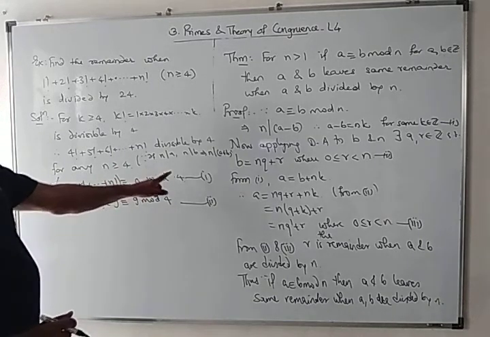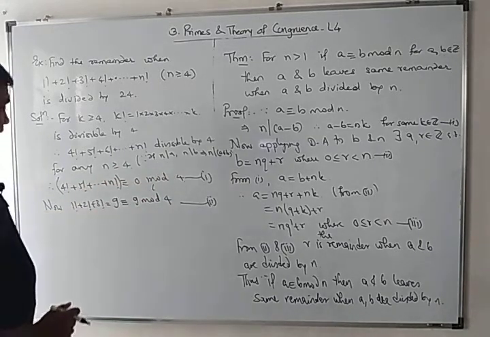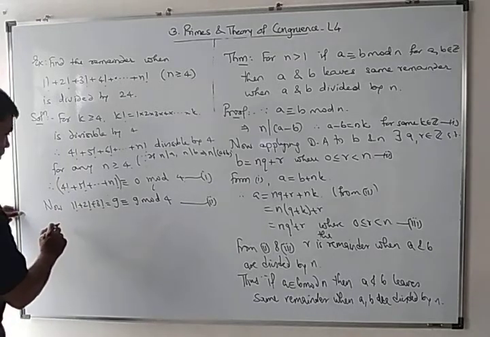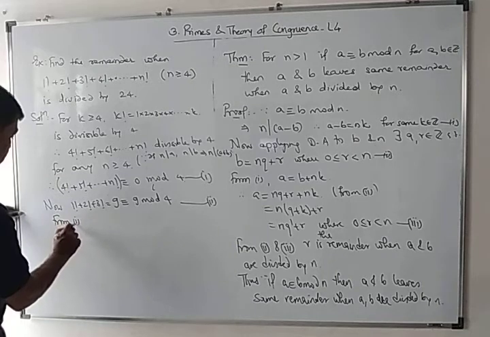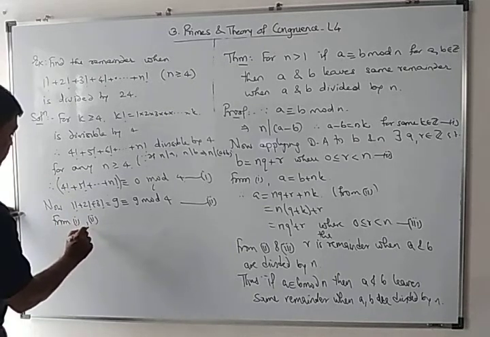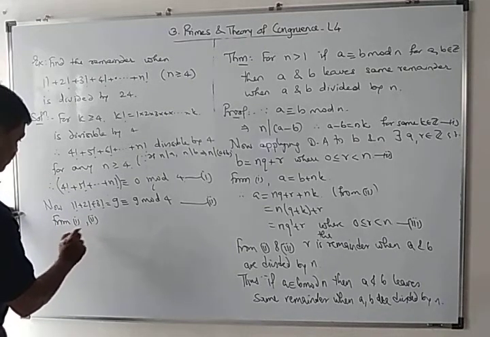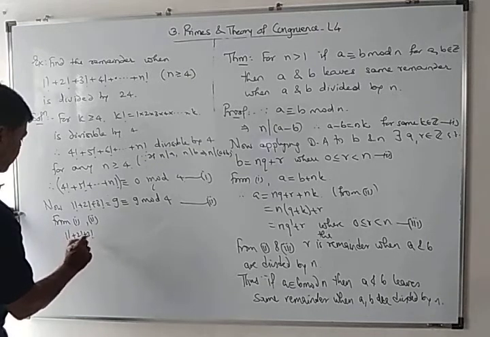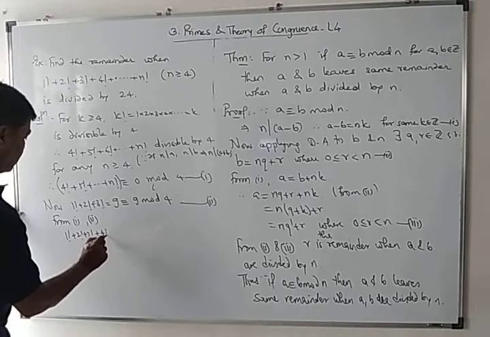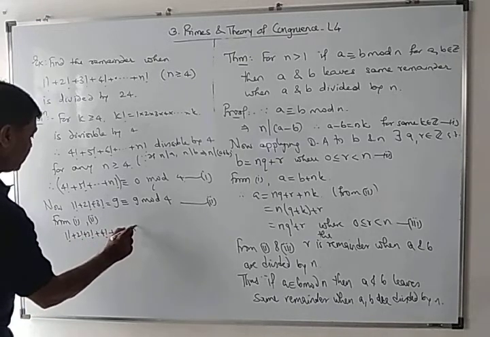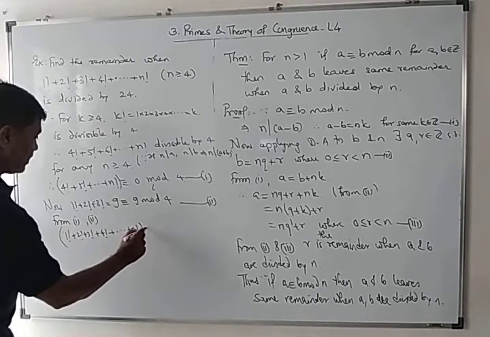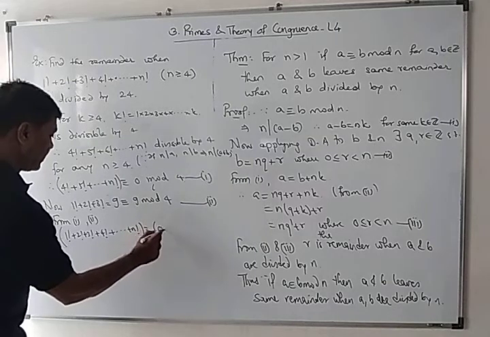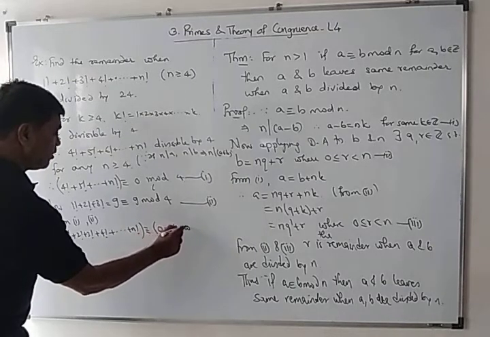Again, by property of congruence modulo n relation, from 1 to, 1 factorial plus 2 factorial plus 3 factorial plus 4 factorial plus, etc., up to plus n factorial is congruent to 0 plus 9 modulo n.